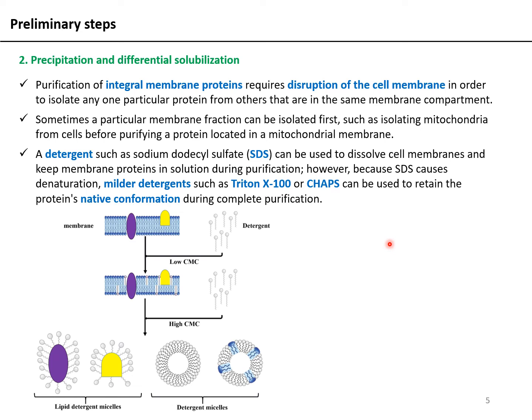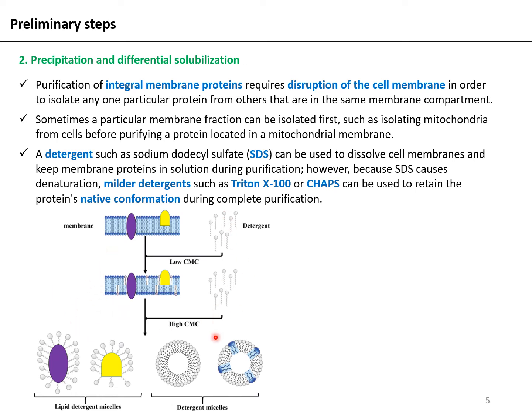So what happens is that you have your membrane over here and you have this transmembrane protein, or integral membrane protein. Both of these are integral membrane proteins. This is a peripheral membrane protein. So when you add the detergent at low concentration, these detergent molecules insert themselves in the membrane at different spaces.